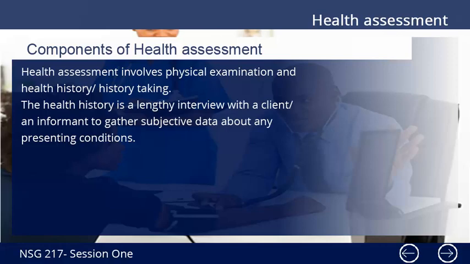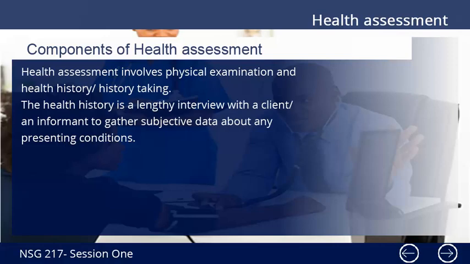Components of health assessment. Health assessment involves physical examination and health history taking. The health history is a lengthy interview with a client and informant to gather the subjective data about any presenting conditions.